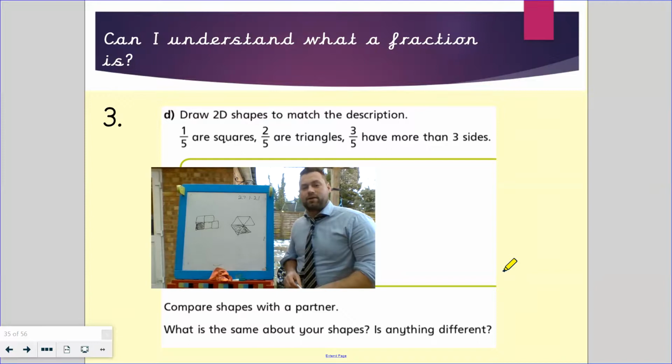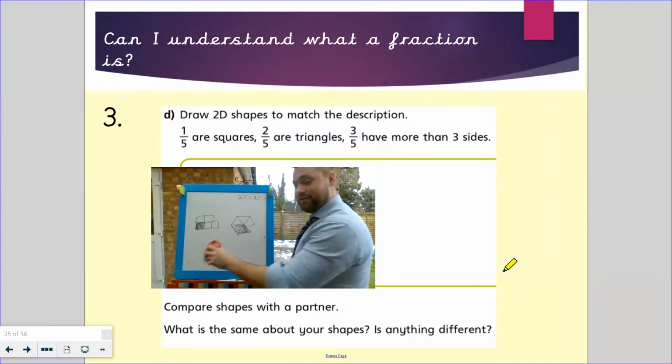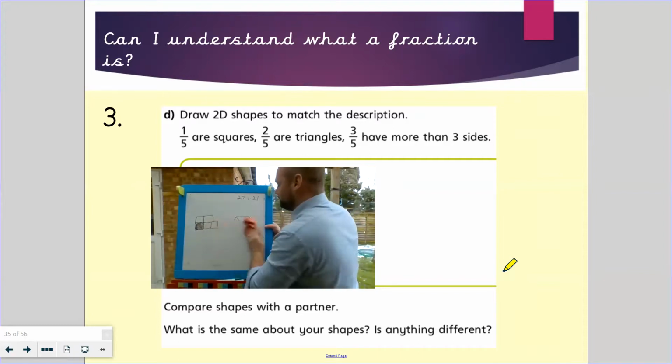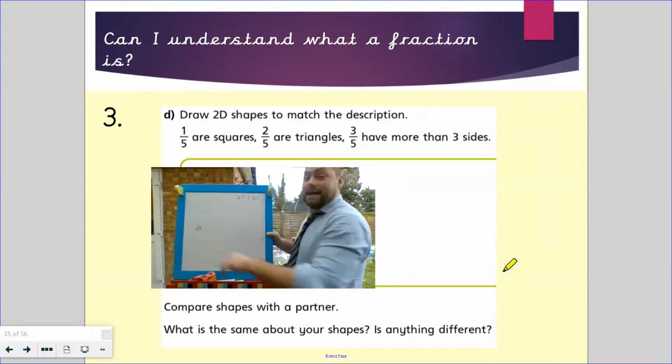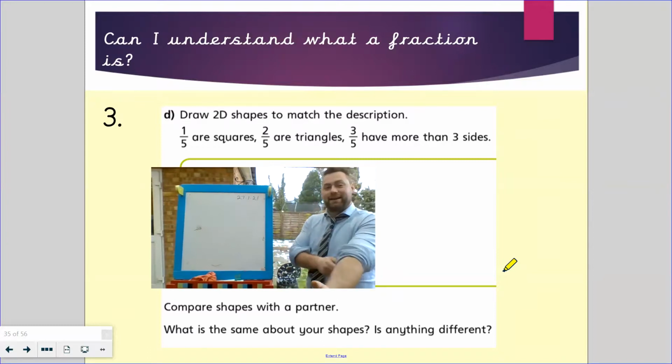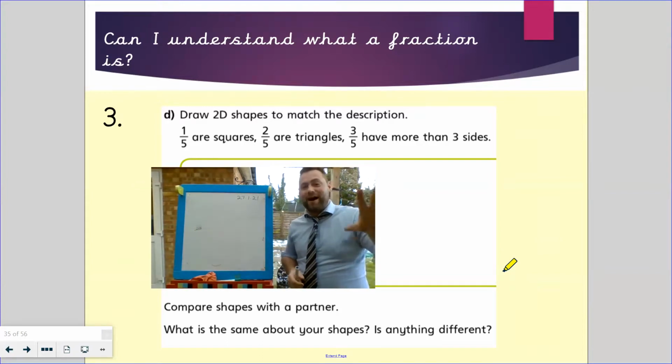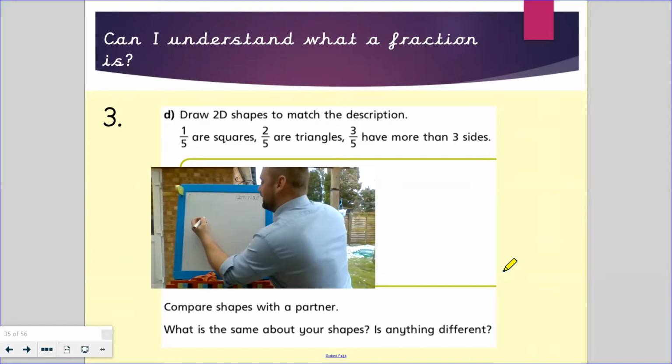Oh no, sorry. Let's rewind the video. I've misread the question. Silly me. Right, here we go. Draw 2D shapes to match the description. 1/5 are squares. Okay, so in total, look at our denominators. We've got 5 shapes in total. 1/5 of these shapes are going to be a square. Right? There we go.